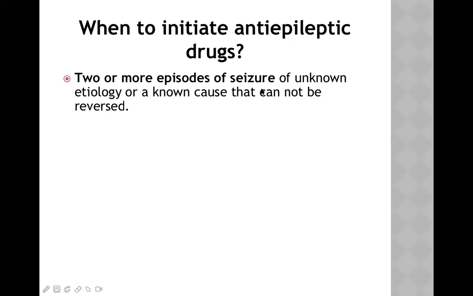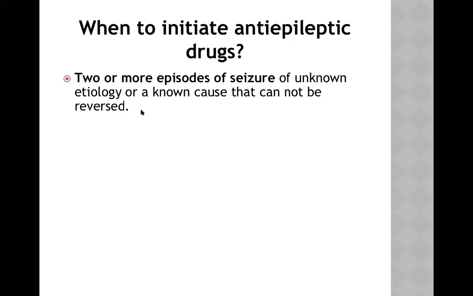2 or more episodes of seizure of unknown etiology, this is epilepsy. So in epilepsy, you're definitely going to use anti-epileptic drug, no doubt, or a known cause that cannot be reversed. For example, the repeated seizures which are coming after meningitis, where meningitis has caused some damage inside the brain.